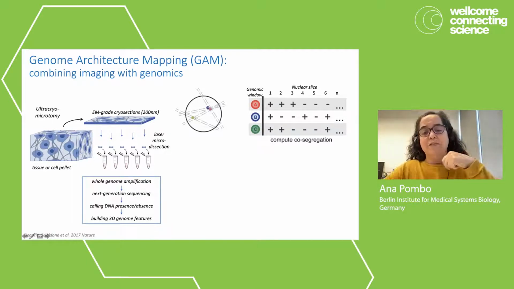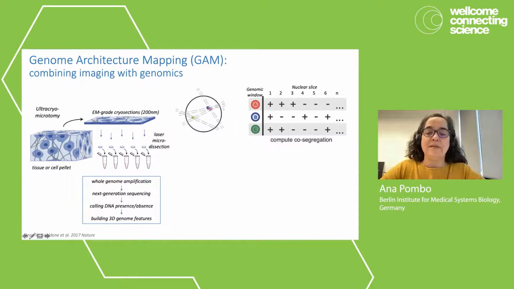Conversely, if 2 loci are very distant in physical space, then it's very rare, or at least more rare, that they're going to be found in the same slice. And let's say even less for the 3 of them to be found in the same slice, which is really the plane of this image.